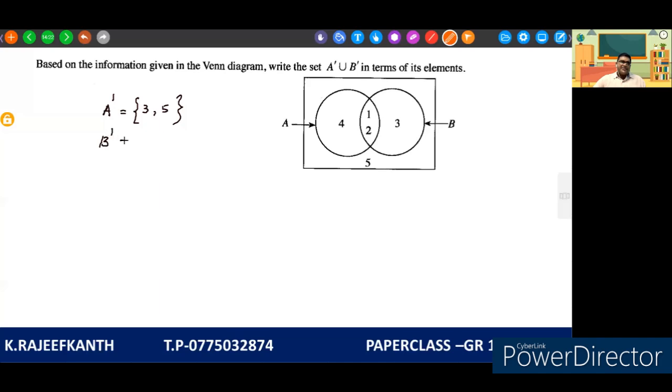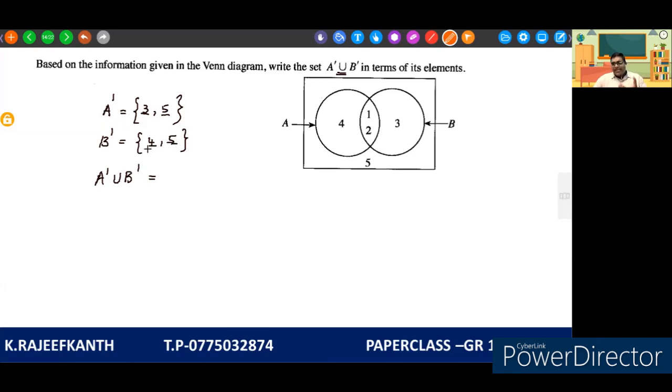Then B dash. So we can't get the elements inside of B. Then the other elements are 4 and 5. Now here we have to take the union. Then we have to get all the elements of A dash union B dash. In the set A dash, 3 and 5 are there. In the set B dash, 4 and 5 are there.